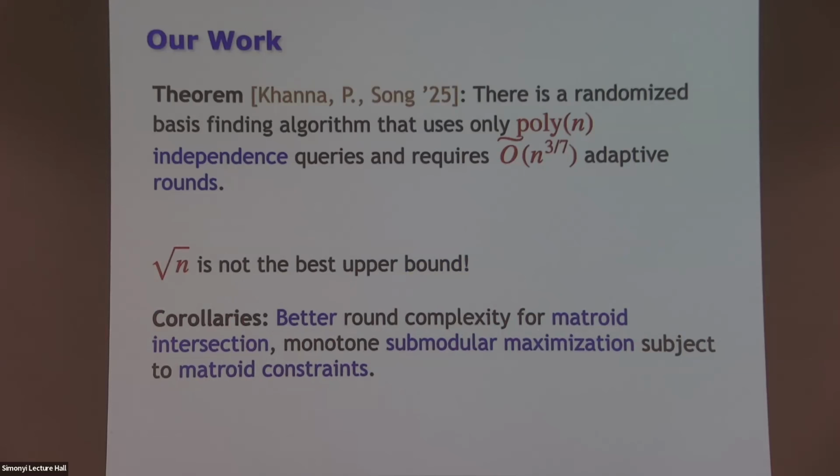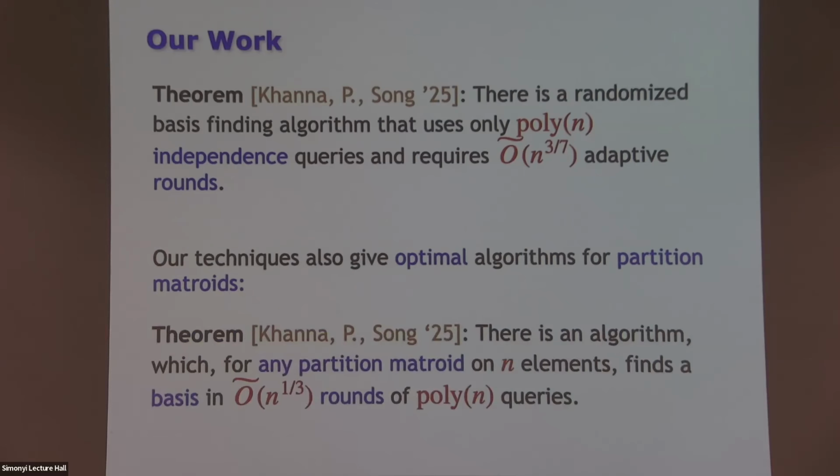And one other reason to think that n to the 1/3 is the right answer is that for this class of partition matroids, which is the set of matroids for which Karp, Upfal, and Wigderson showed their lower bound of n to the 1/3, our algorithm for general matroids, specialized to the setting of partition matroids, actually shows that n to the 1/3 is basically optimal.